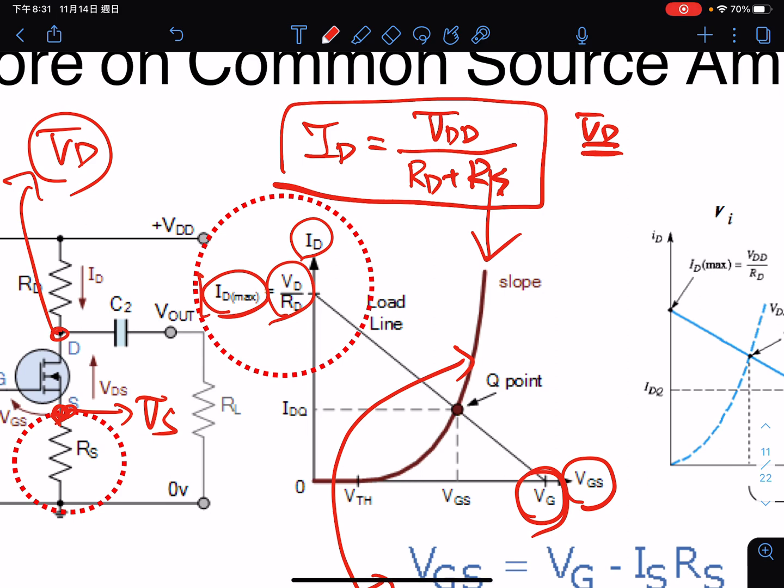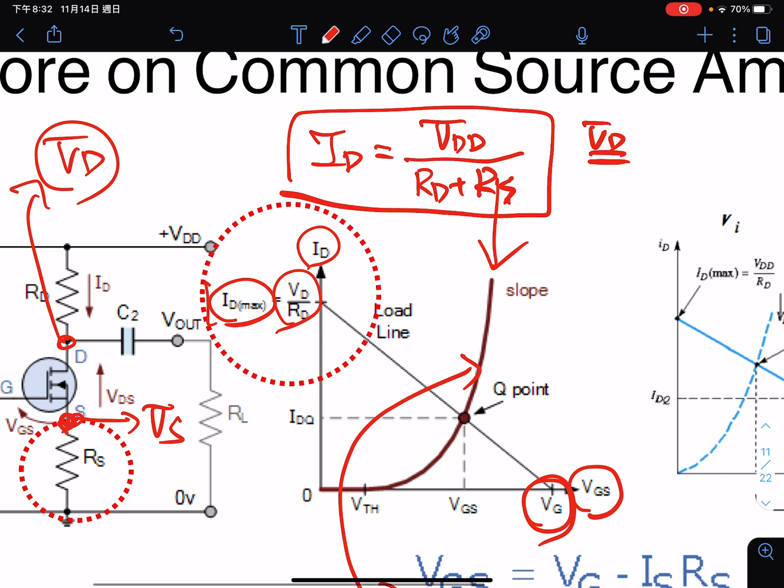Okay, so this will be the maximum. This will be the ID here. So be careful. This is not correct.